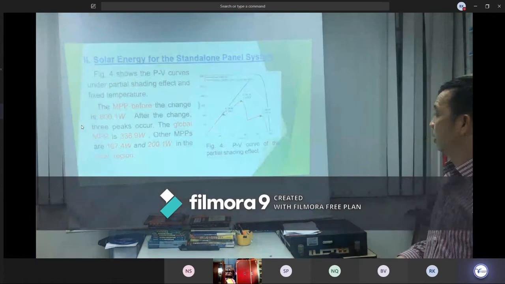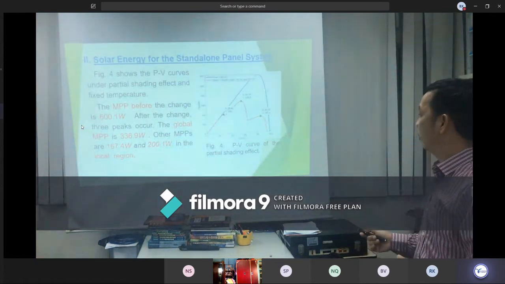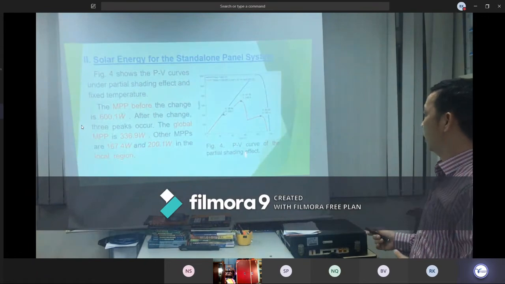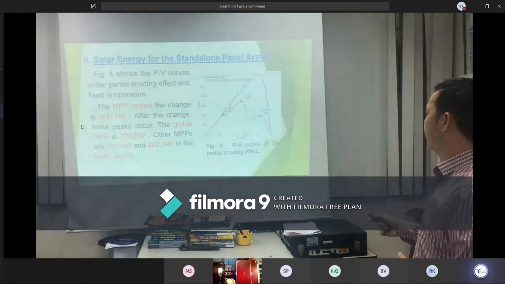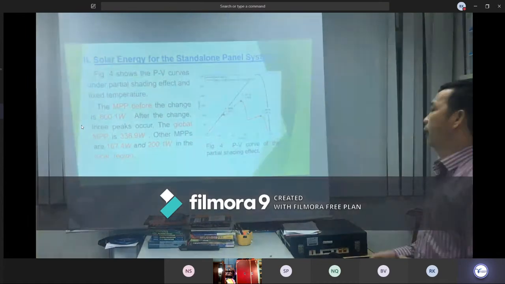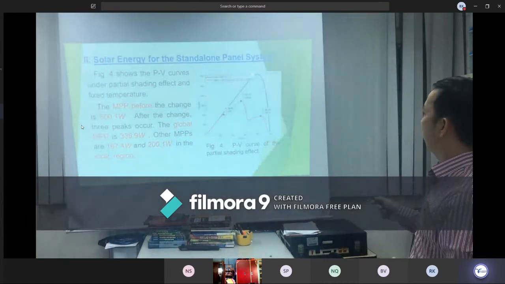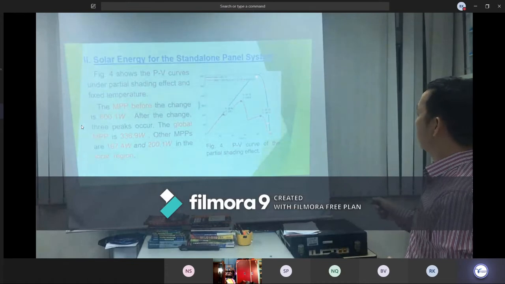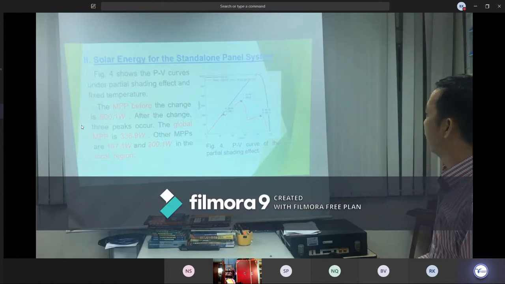This slide is very important. It talks about the partial shading effect. Figure 4 shows the PV curve of the partial shading effect and temperature. We can see the MPP before the change is 600.1 watt.